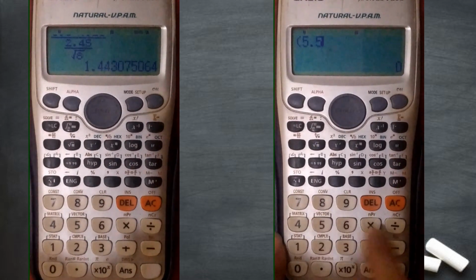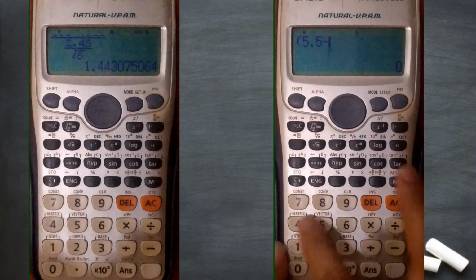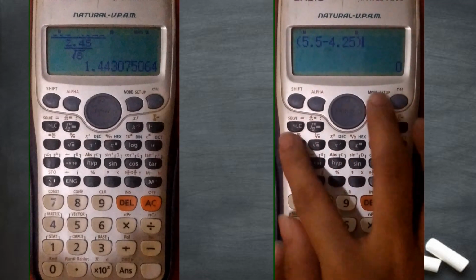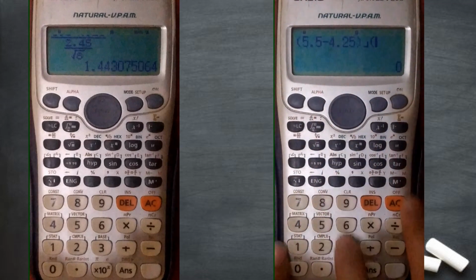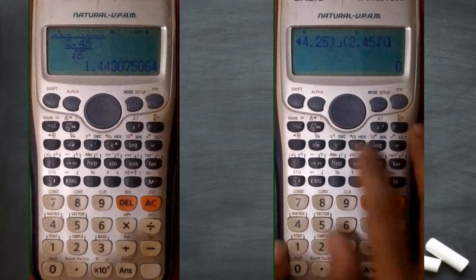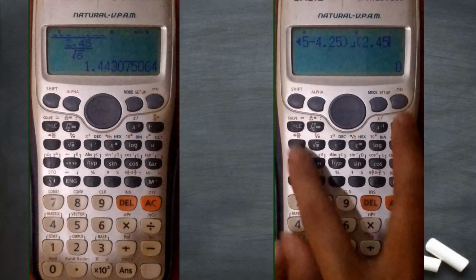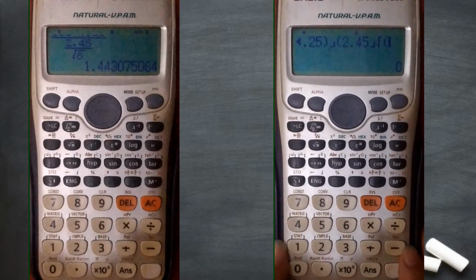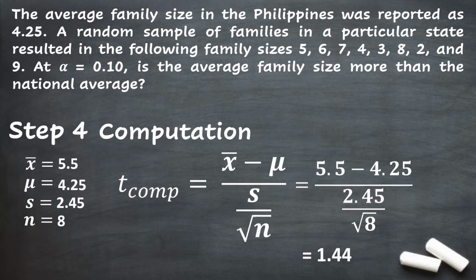And the calculator on the right side shows you how you are going to input the values if your calculator is a 2-liner calculator. Using the calculator, we'll come up with t computed as 1.44.